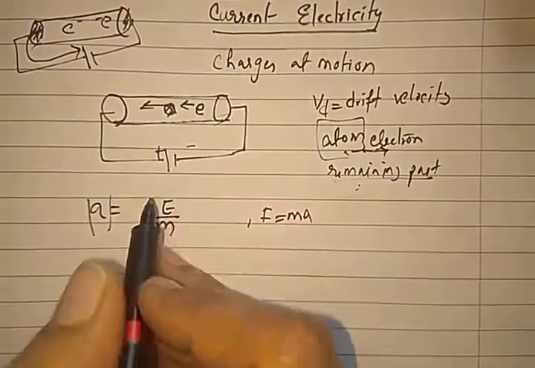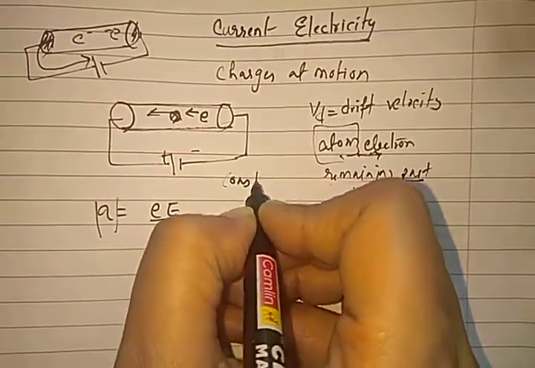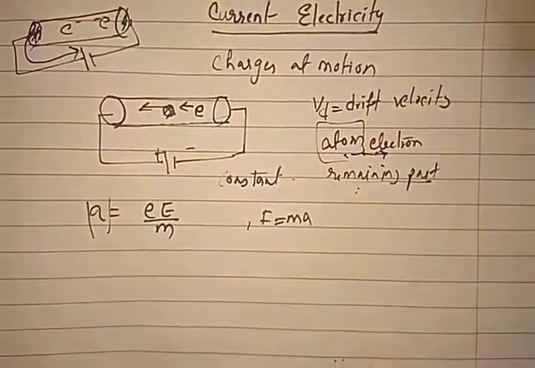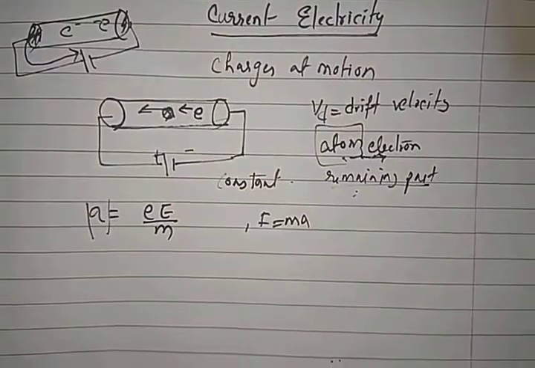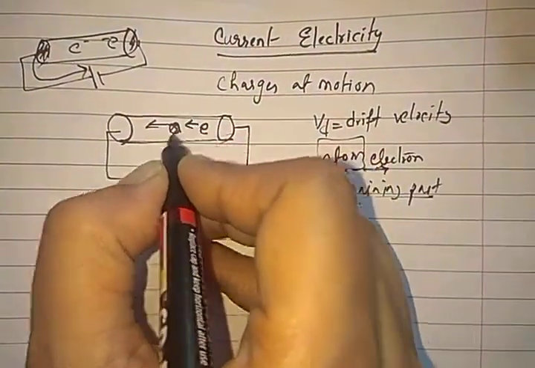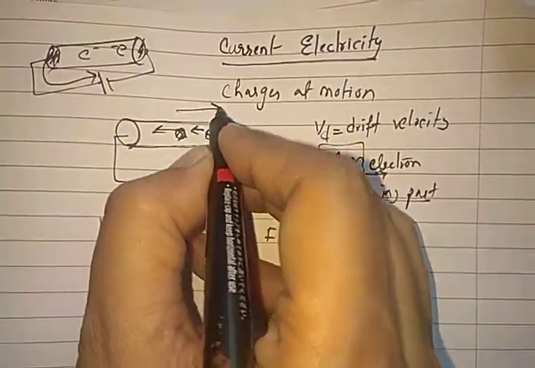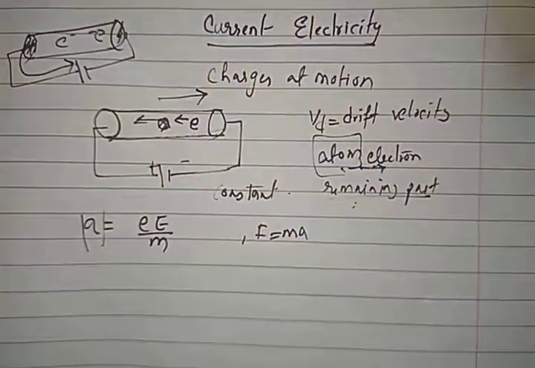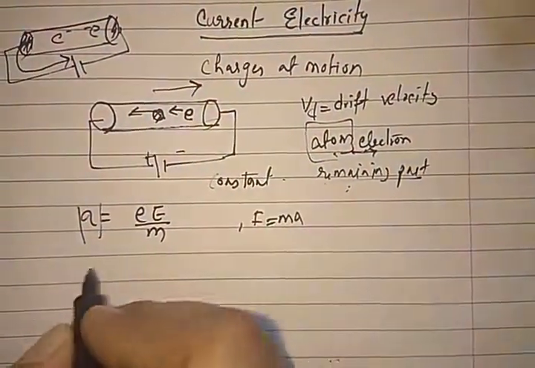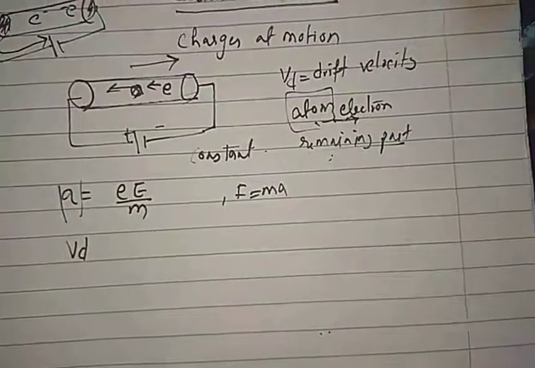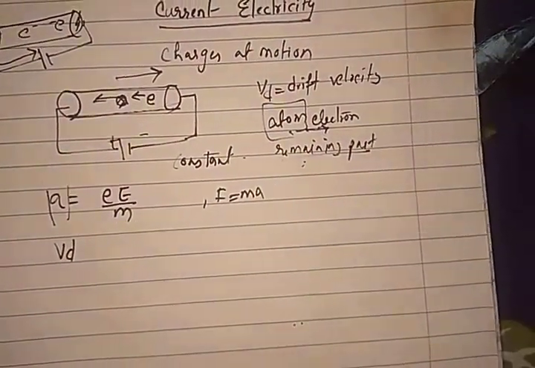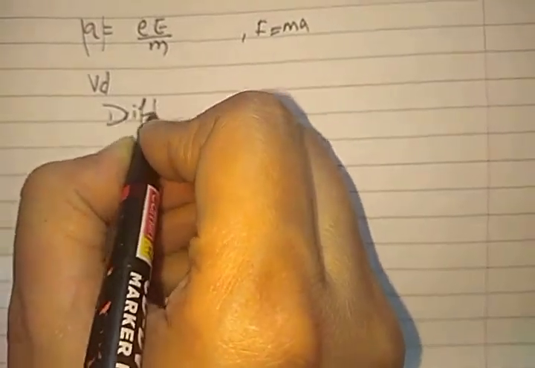Overall, the electron moves with a constant small velocity, which is in the direction opposite to the external electric field. This velocity we call drift velocity. So today we will be doing the derivation for drift velocity.